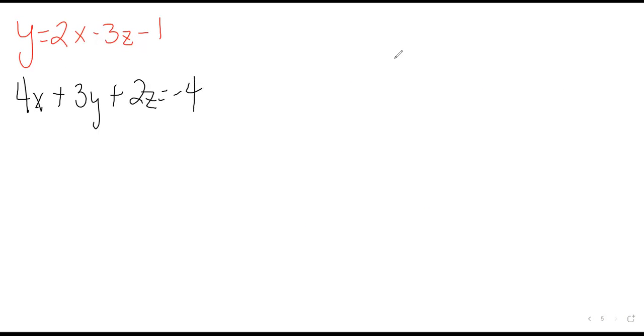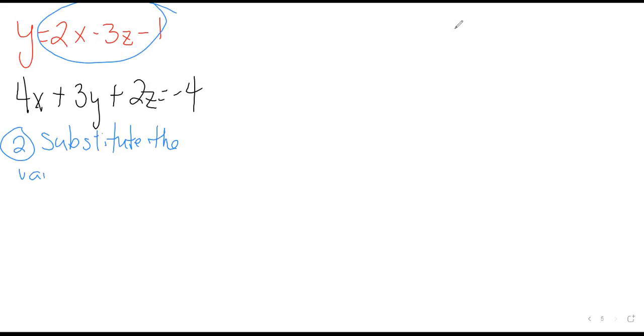So now, just like in the last one when I found that y equals 3 and I had to replace it, I'm doing the same thing here, only I don't have an actual number. I have a whole equation. So step 2 is to substitute the variable in both equations.